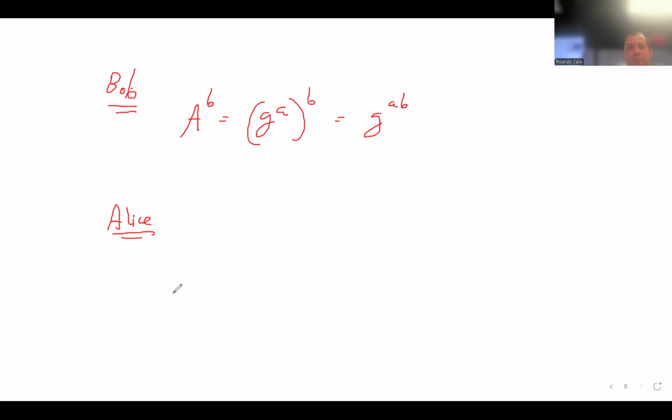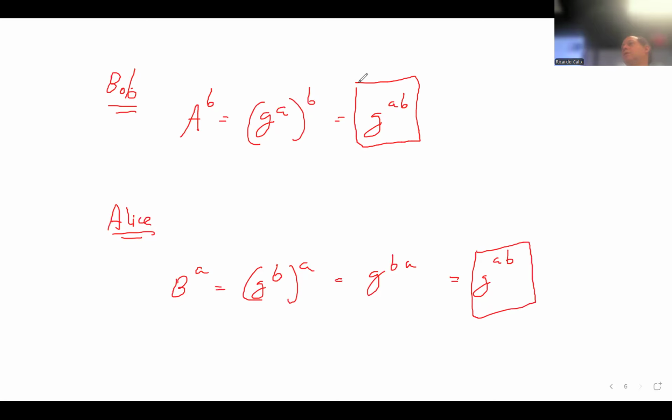And Alice would have B to the A, which would be G to the BA, which is G to the AB. So as you see, both turn out to be the same. Do you see the idea? So this is the underlying, simplified way of how this works. But essentially what you want is that both of these are the same.